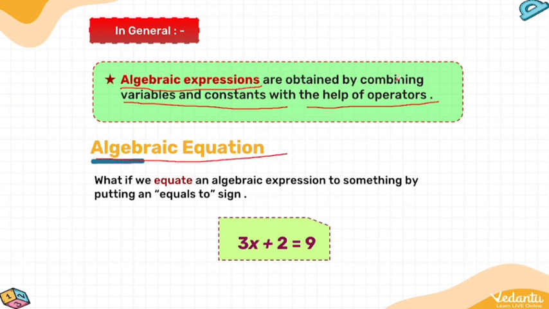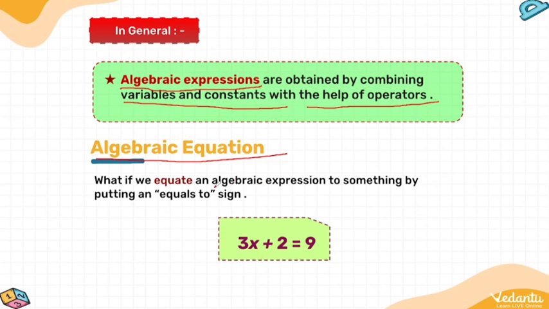So let us understand the algebraic equation. If algebraic expressions combine variables and constants with the help of operators, then if we put an equal sign to that, it becomes an algebraic equation.